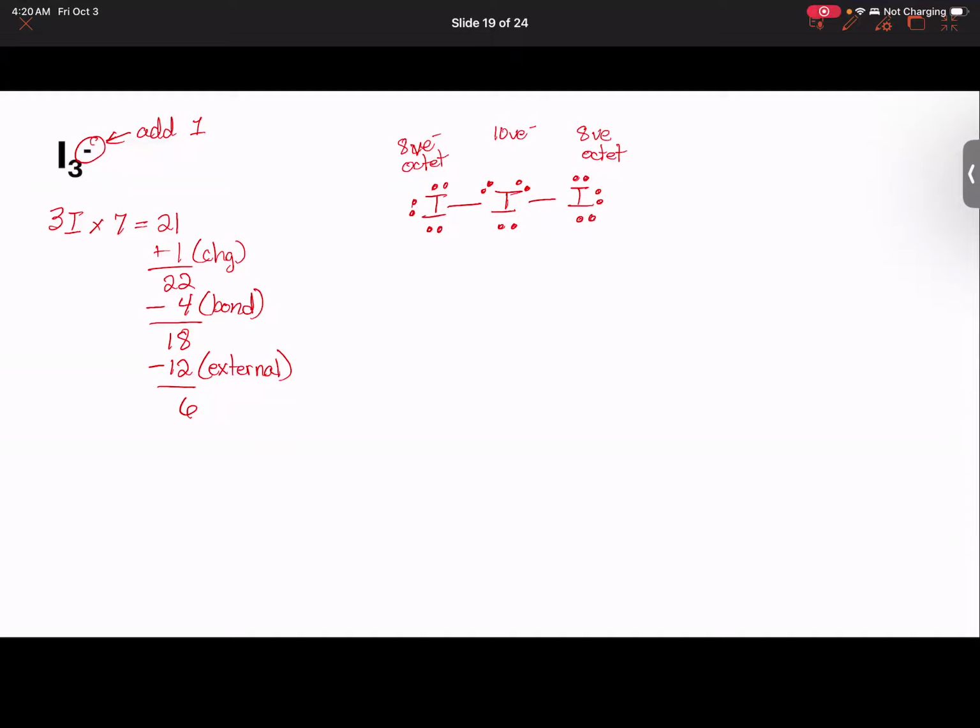In this particular case, it is, because iodine is in period 5 on the periodic table. So yes, it is acceptable because that iodine can have an expanded octet. Now, lastly, this is an ion, so all ions must go in brackets with the charge outside.